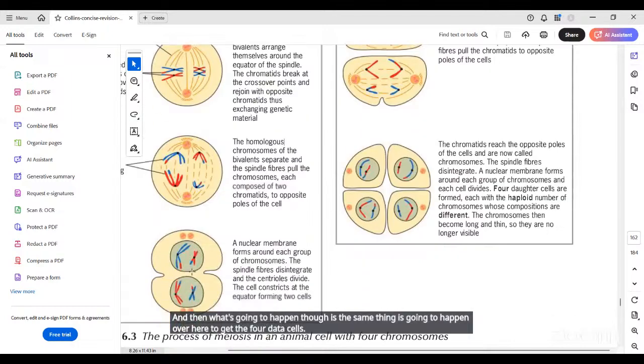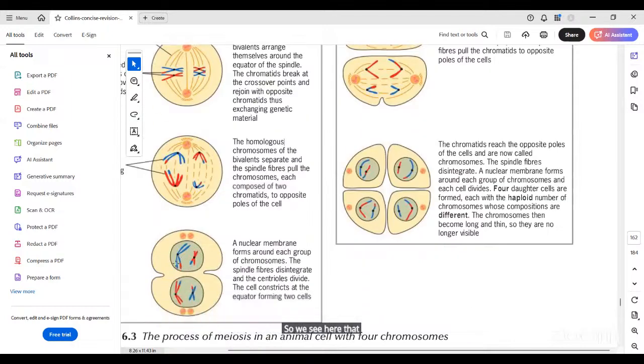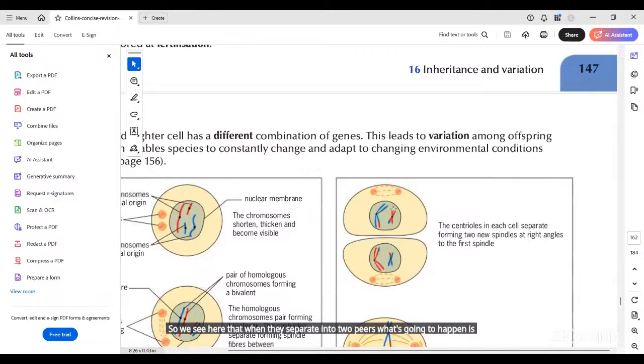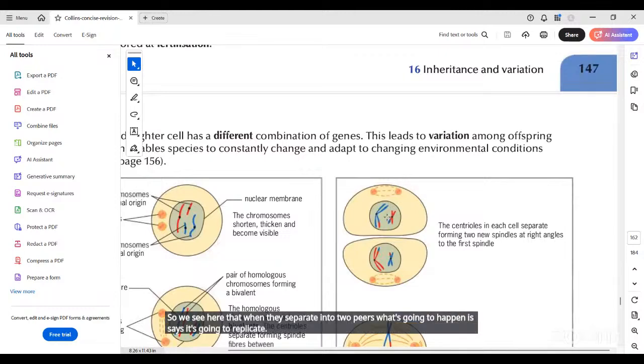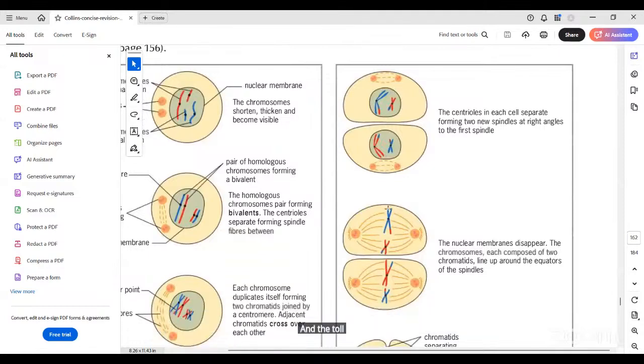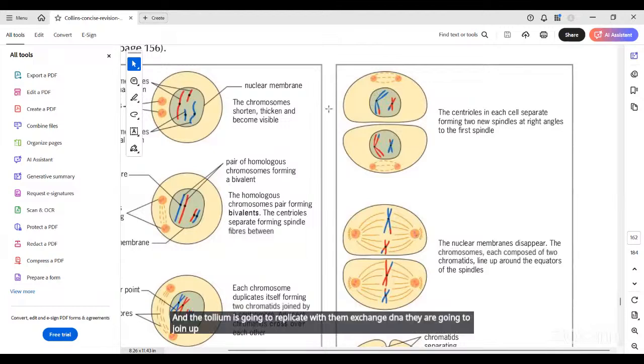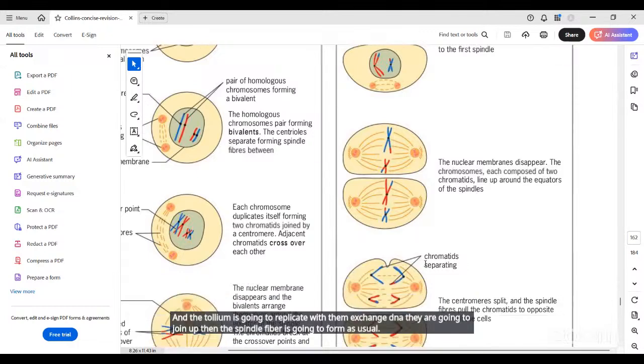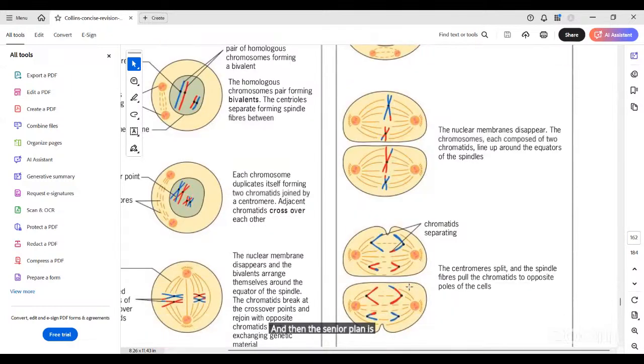So we see that when they separate into 2 pairs, the 2 cells are going to replicate, and the 2 of them are going to exchange DNA. They are going to join up, then the spindle fiber is going to form as usual and pull them apart.